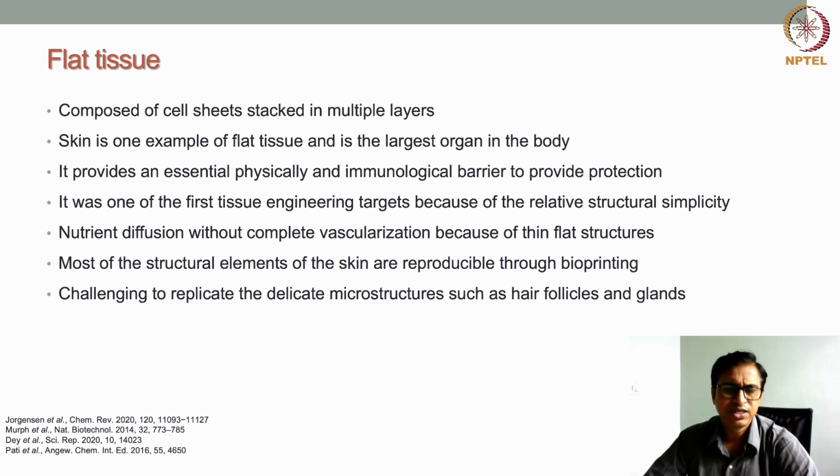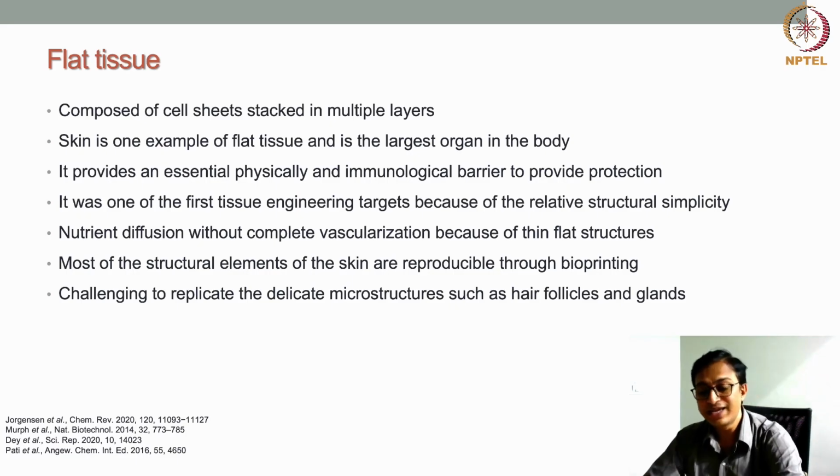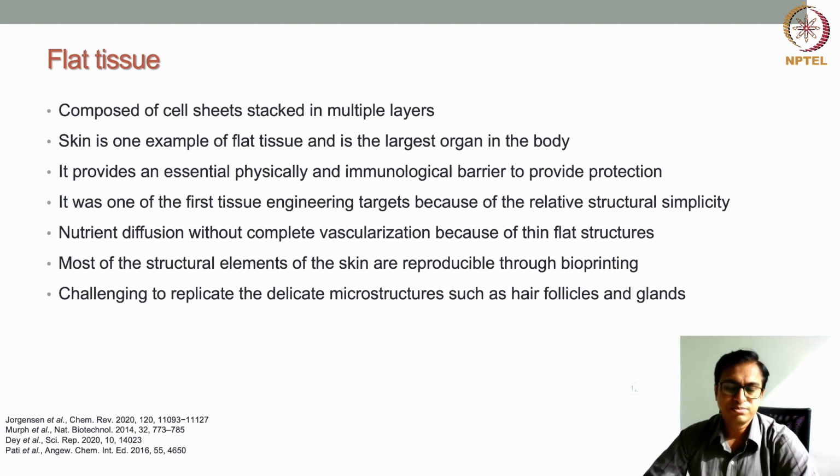There are different preclinical studies, even animal studies, done with these bioprinted skin grafts, and those were really very powerful, and they can help to regenerate that particular defect or diseased skin, and will be helping the regeneration of that part.